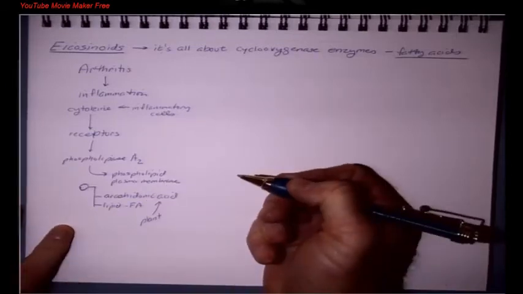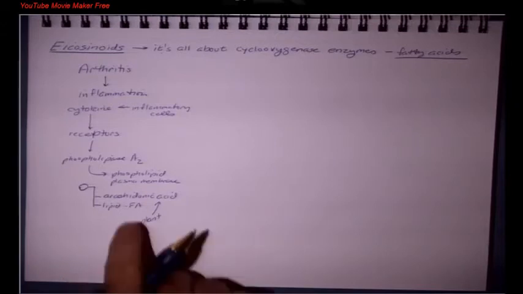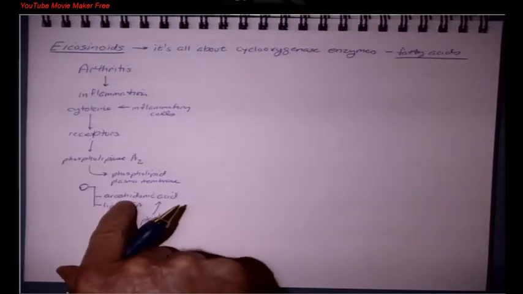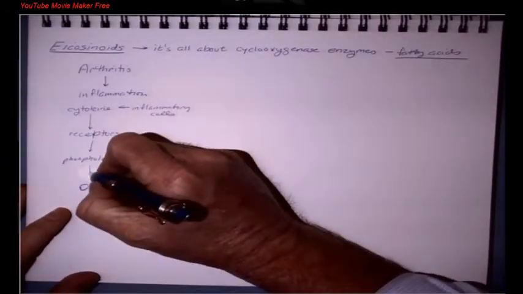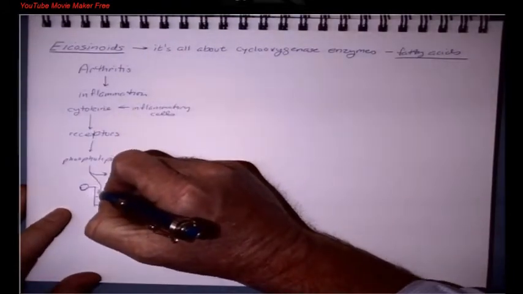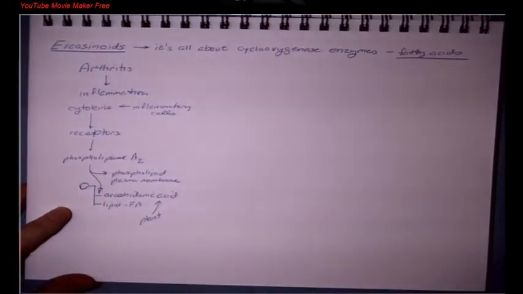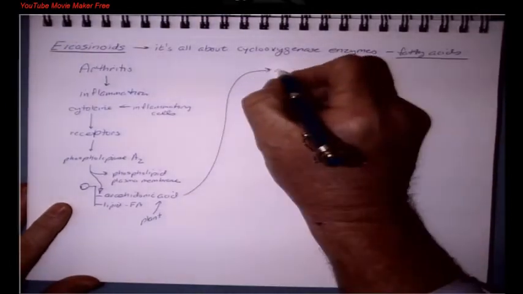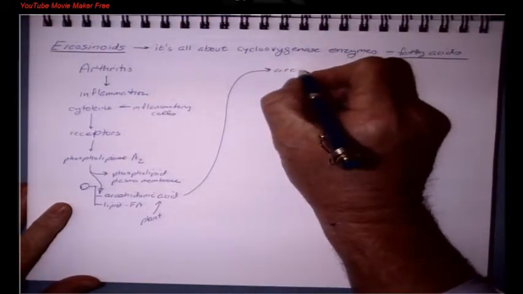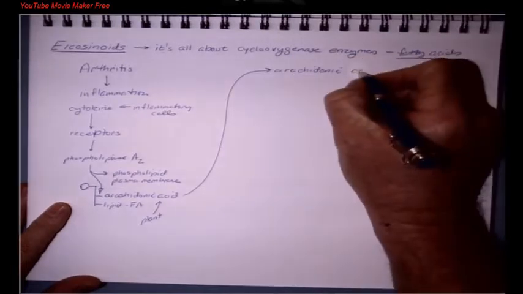Now, once you need to mobilize an immune response, we're going to want to capitalize on this stored form of arachidonic acid, and this phospholipase A2 is going to cleave the arachidonic acid off of the phospholipid structure. And that is going to release this for the next series of reactions.